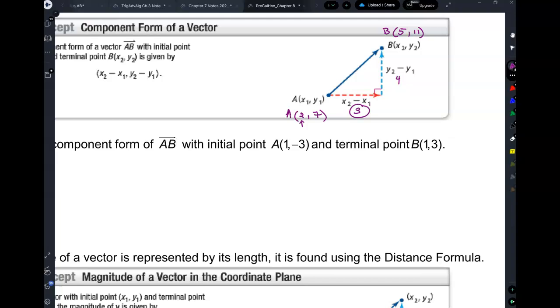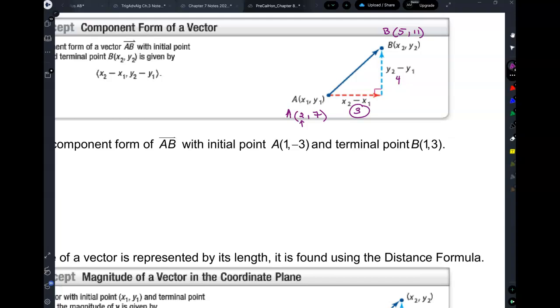So one way to describe vector AB is, if you start at A, you go positive 3 in the horizontal direction, and then you go positive 4 in the vertical direction, and you get to the end point, right? So all I need to do is say the size of the components, and that pretty much is a good description of the vector. We say in that case that we have written the vector in component form.